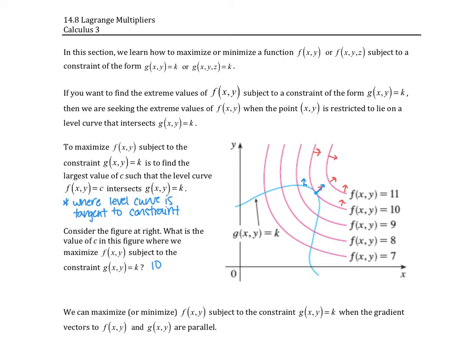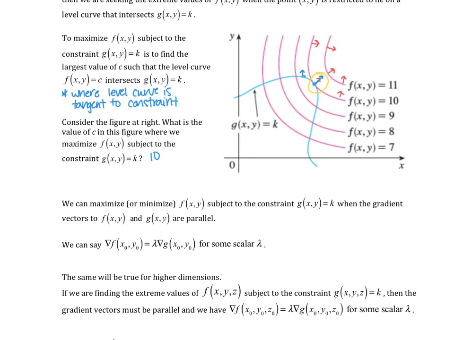If we look at the place where the value of c maximizes the function, subject to the constraint, the gradient vectors are parallel. If they're both perpendicular at that point and the curves are tangent, then those gradient vectors are going to be parallel.